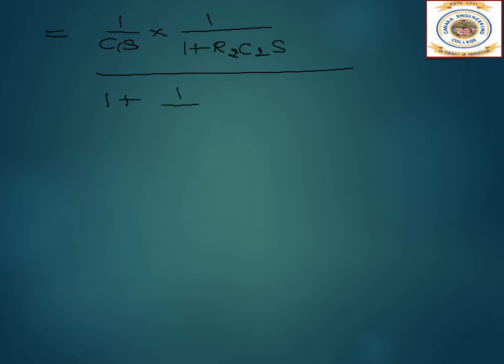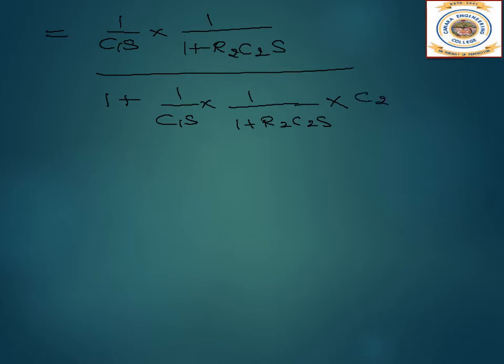So here in the numerator, what we have, one G of S, is 1 by C1S into 1 by 1 plus R2 C2S. Yes, this is G of S divided by 1 negative feedback. So 1 by C1S into 1 by 1 plus R2 C2S into, what is H of S?